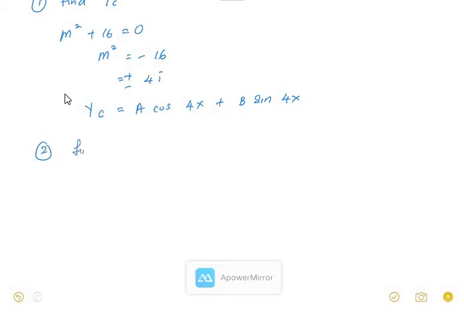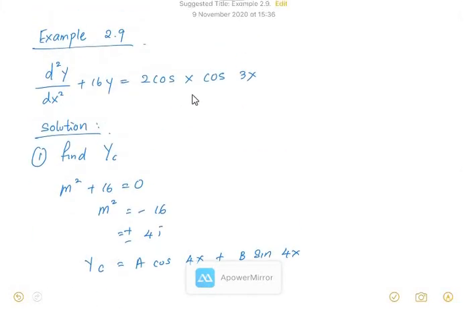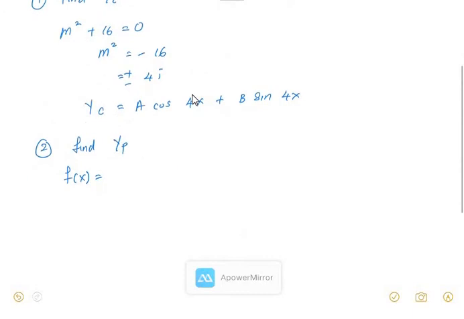So now we need to find the YP. And the fx given in the equation is 2 cos x cos 3x. Then we need to use the identity.